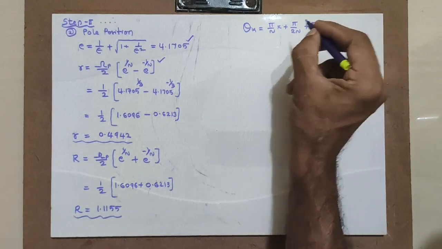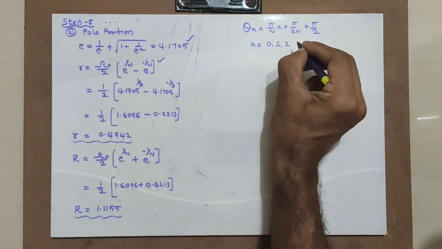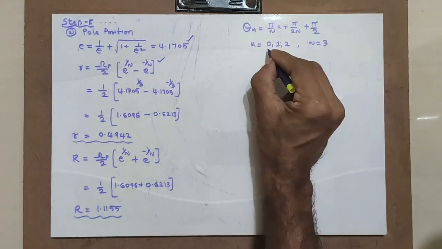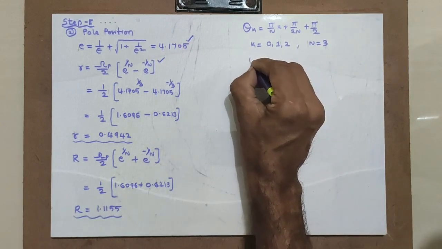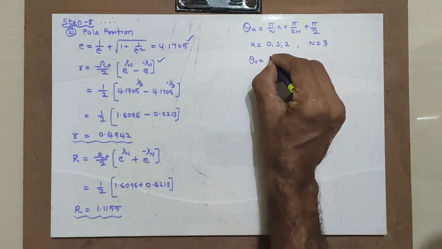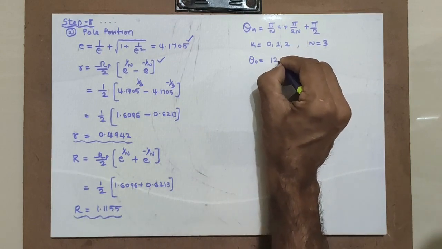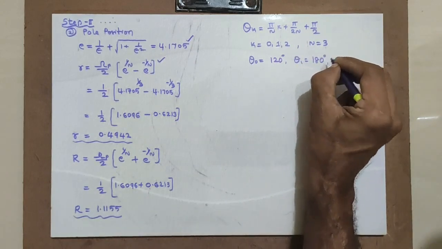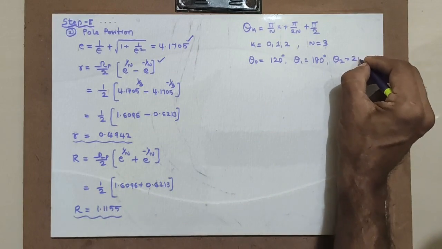Here k is equal to 0, 1, 2 and n is equal to 3. Hence, k becomes 1 less than that: 0, 1, 2. I shall find theta naught is equal to pi by n into k. You are already well versed with that. Theta naught comes out to be 120 degrees, theta 1 comes out to be 180 degrees, and theta 2 comes out to be 210 degrees.